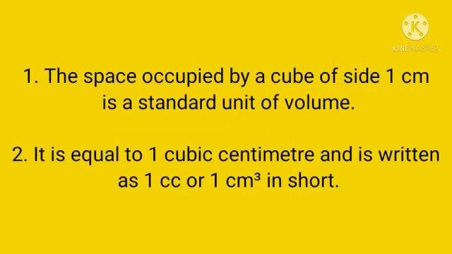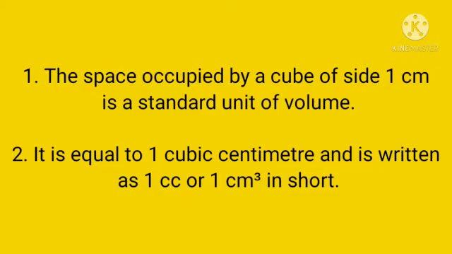The space occupied by a cube of side 1 centimeter is a standard unit of volume. That is, it is equal to 1 cubic centimeter and is written as 1 cc or 1 centimeter cube in short.